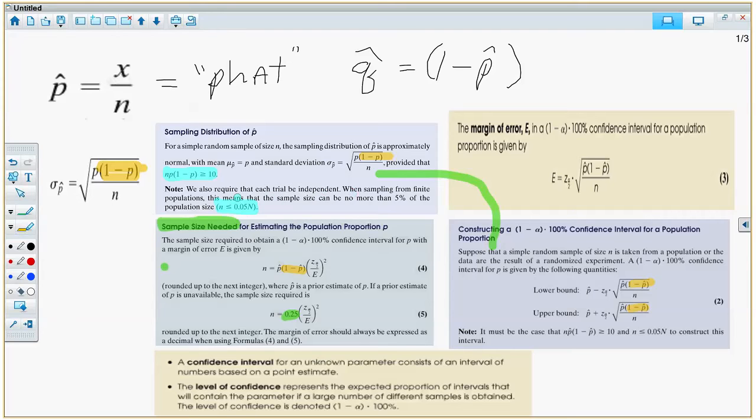And then you have to use these two little tests, NPQ and 0.05 of N. So, take your handy dandy calculator. Remember, NPQ is greater than or equal to 10, and n is less than or equal to 0.05 N. NPQ. So you go over here.